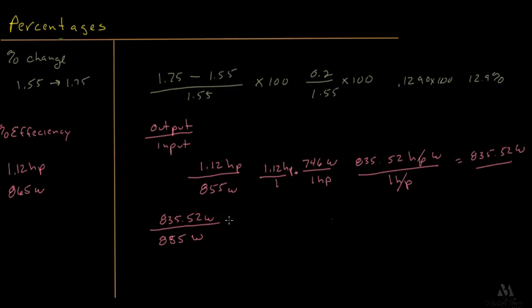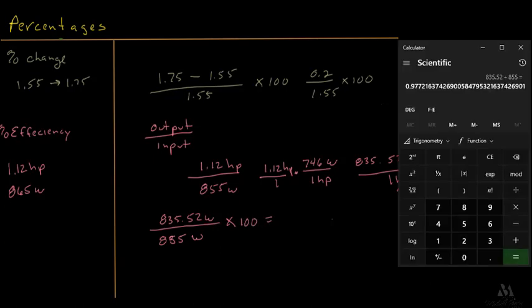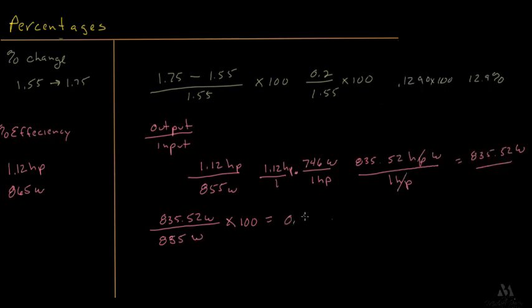So I'm going to do this before I forget. We're going to get this times 100. We got 0.9772, which equals 0.9772 times 100, or 97.72%.